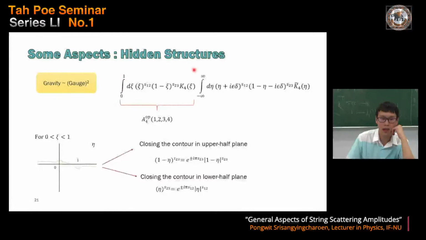And this is basically the beta function, which is the open string amplitude, but subject to a certain ordering of particles.